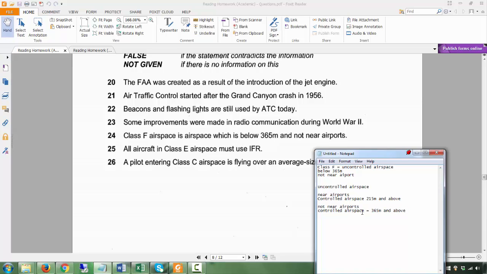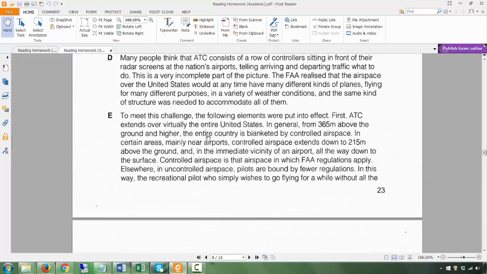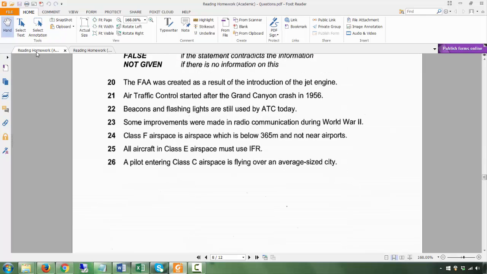So what does it mean? This is not near airports, okay? So if it's below 365 meters, it is uncontrolled. So that's why it's true. Okay, it's a bit difficult in the sense that you need to look at different parts and bring both parts together to really understand what they're talking about and to see whether it's true or false.